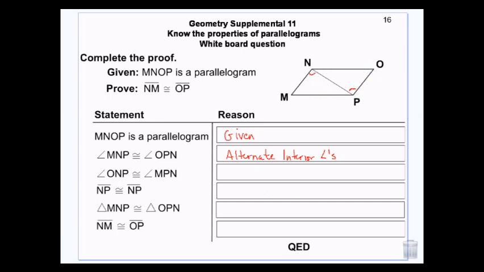ONP is congruent to MPN. Same reason, right? Alternate interior angles. NP is the same as itself.